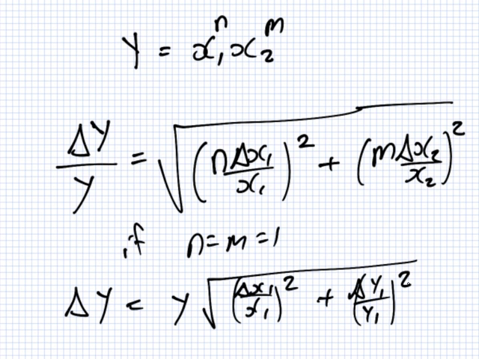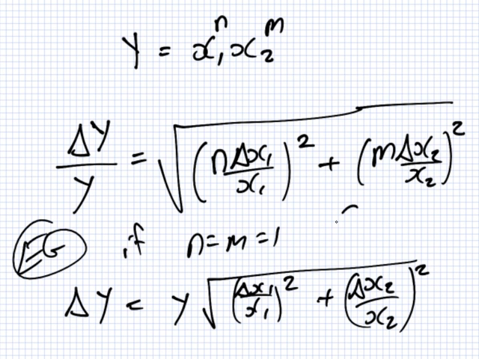Now what's great about this formula is it's so flexible, because we can use this for dividing as well. Please write this down before I continue. Sorry, that's an x. Delta x2 over x2 squared. Example.